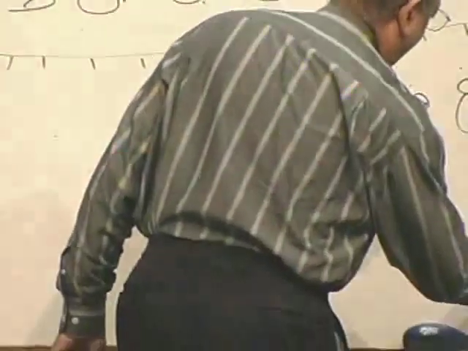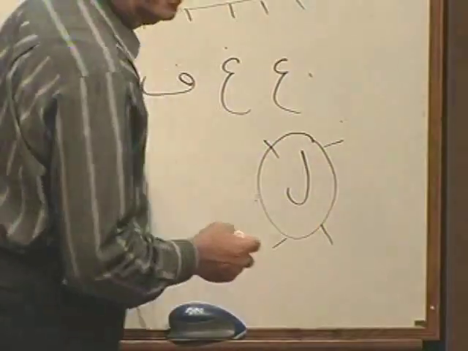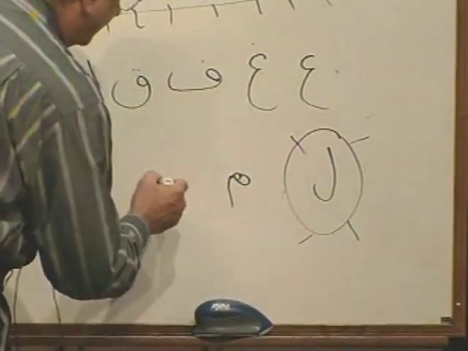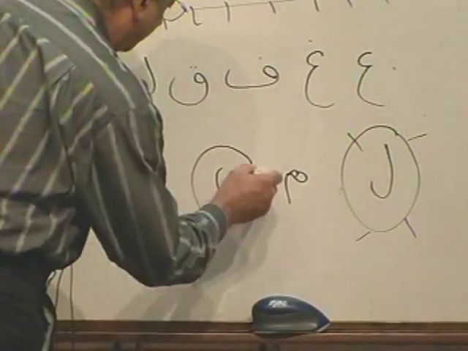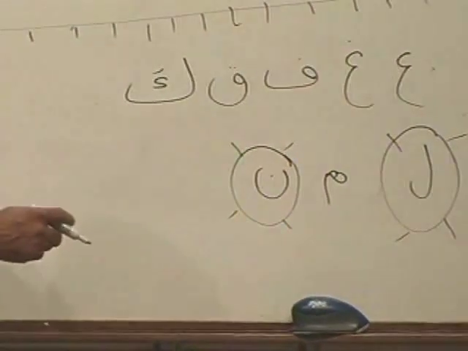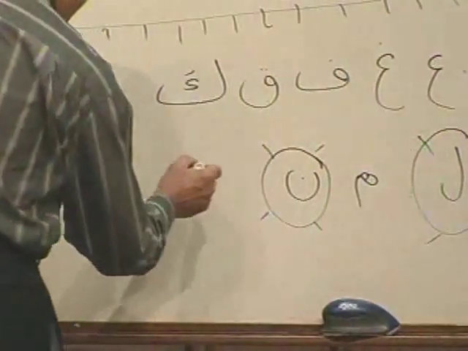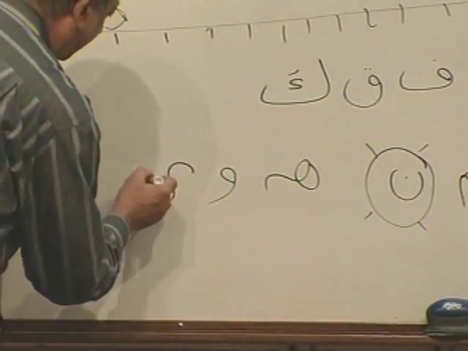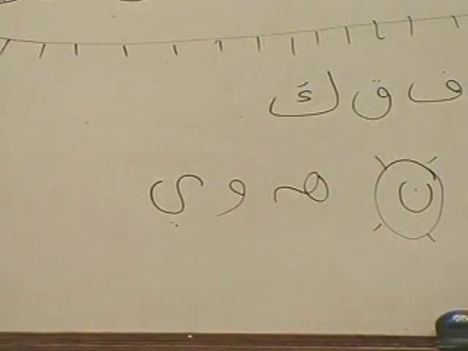Then we have Lam, also a sun letter. And then we have Mim, which is not sun. And then we have Noon, which is sun. In my book, I wrote it in different colors. And then we have Ha, and then Waw, and then Ya. Okay. Are you with me, brothers and sisters?